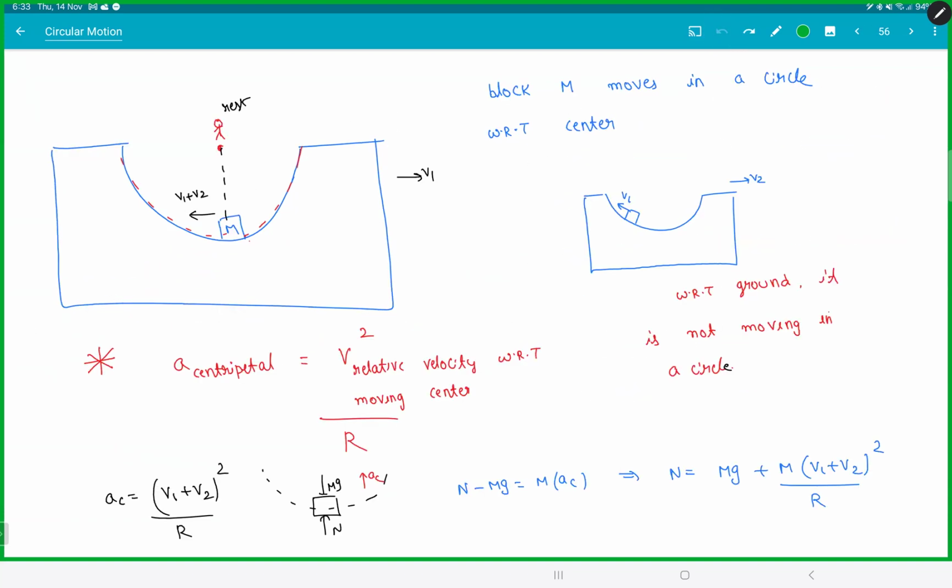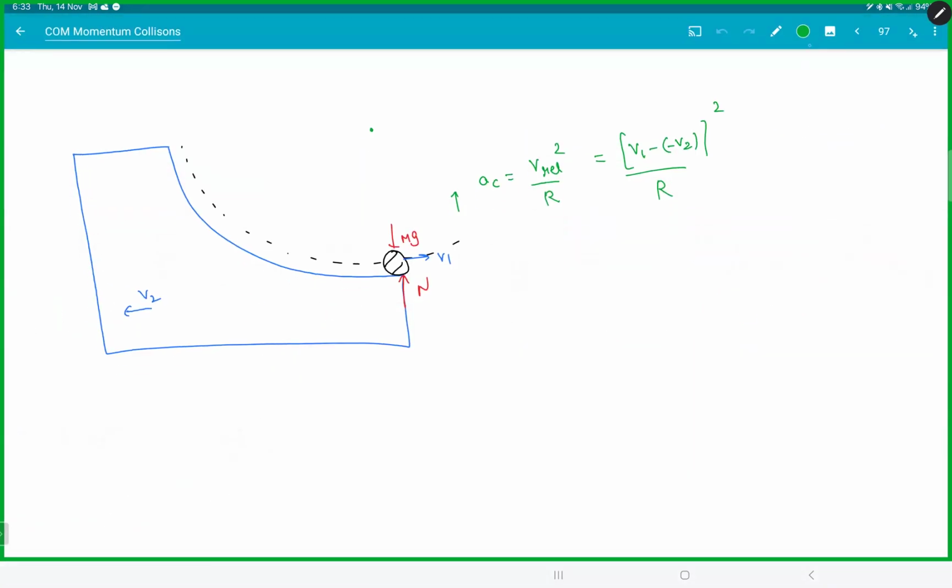Page 55, circular motion. A is not V square by R. That V is the velocity with respect to the center. That is a trap in the question.